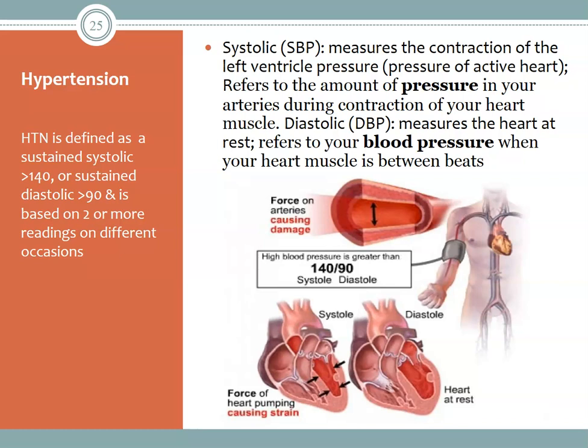This is when your heart is active and pumping blood. And so it refers to the amount of pressure in your arteries during contraction. Remember, contraction of your heart. Diastolic measures the heart when it's at rest, right? This is your blood pressure between beats when the heart is supposed to be resting. So if that lower number, that diastolic number, is high, then that's really nervous and scary because that's when your heart's supposed to be resting in between beats.